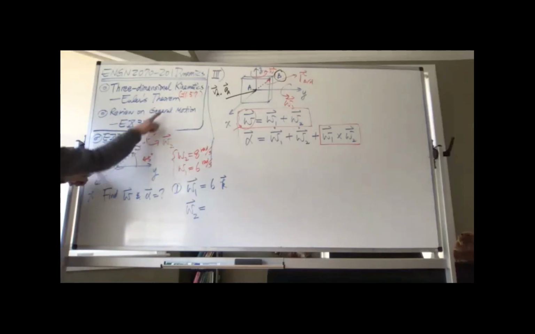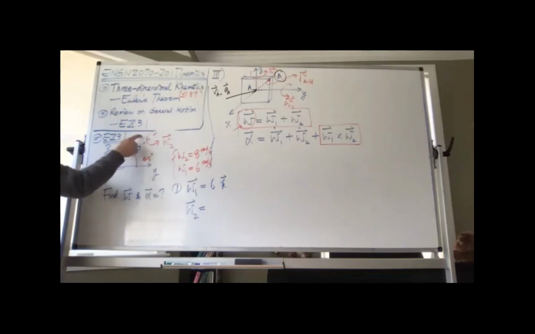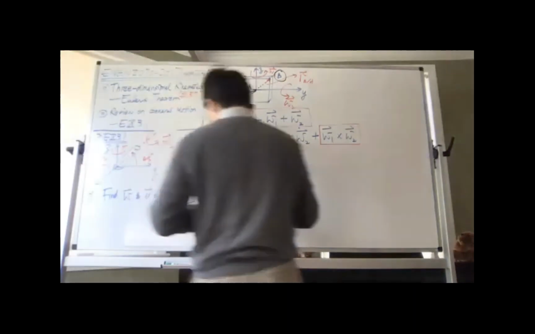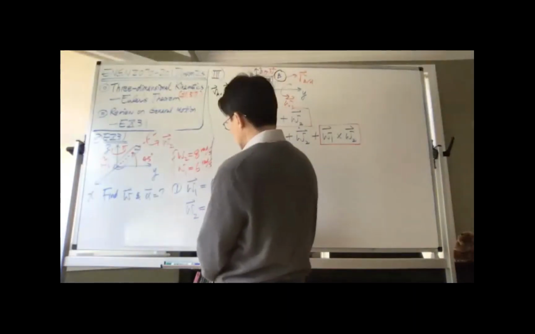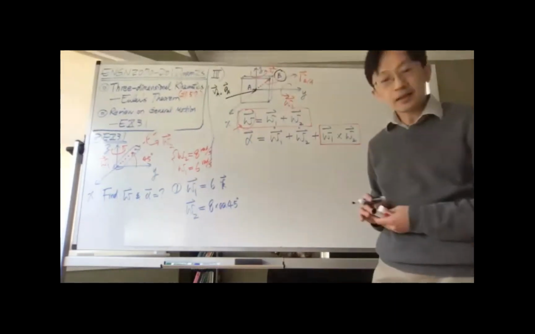Omega 2, in this direction, has 8 radians per second, and it will contribute to the y and the z by cosine 45 and sine 45 respectively. So the y component is going to be 8 times cosine 45. Is it positive or negative?